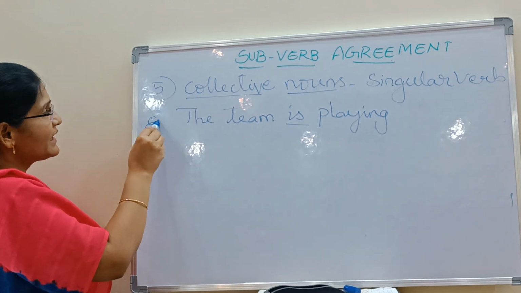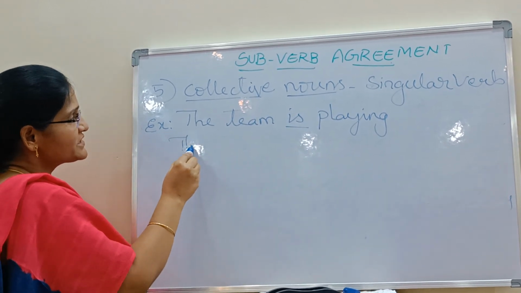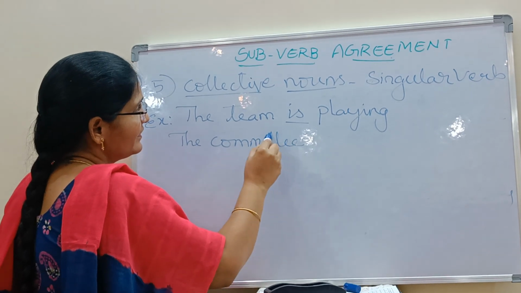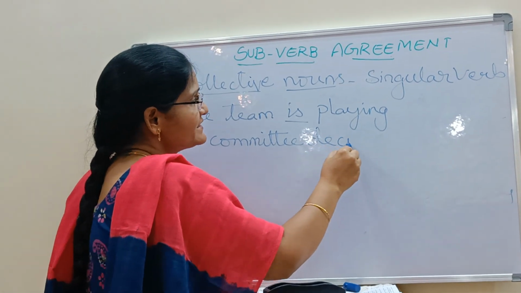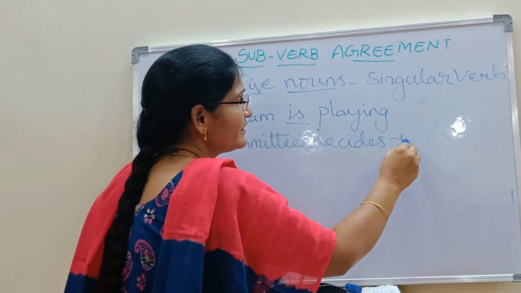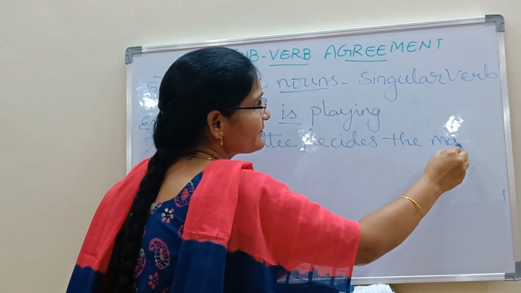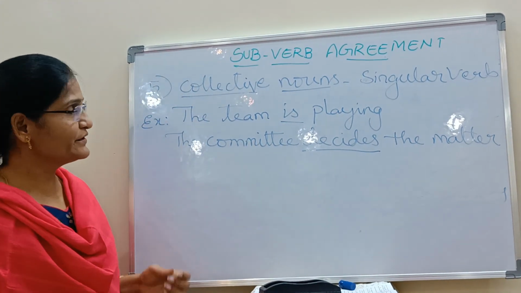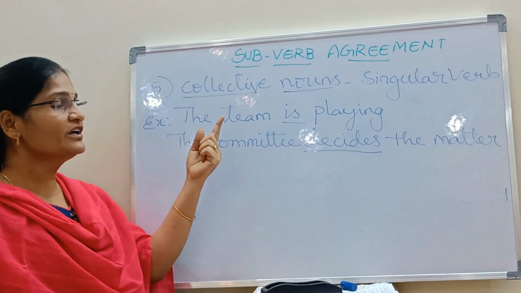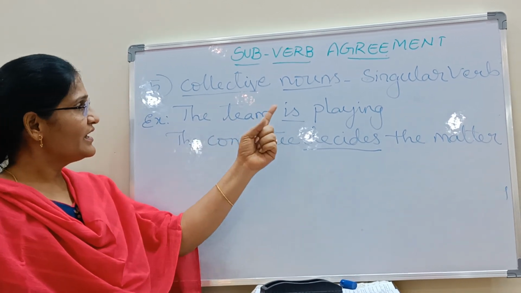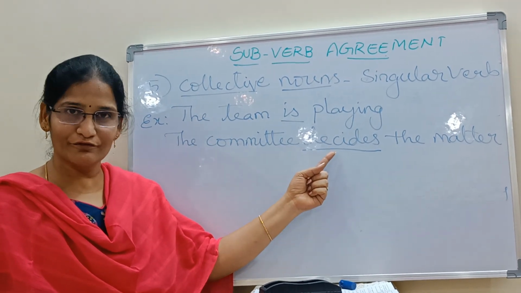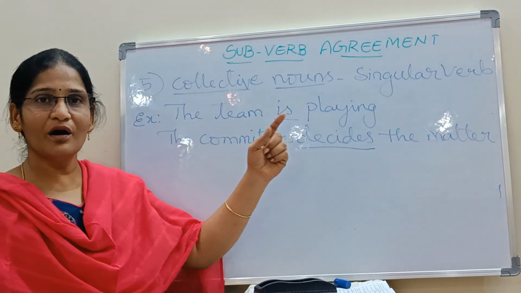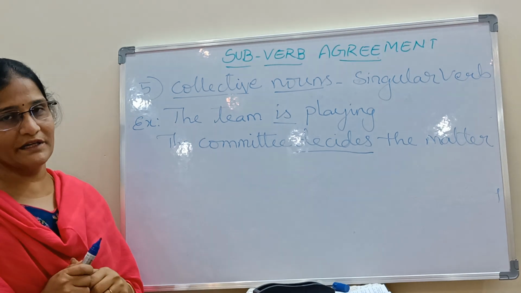One more example: the committee decides the matter. Look here, again I have used the singular verb. Committee, collective noun. Team, collective noun. This is the rule. Whenever you are using collective nouns, you have to use the singular verbs itself.